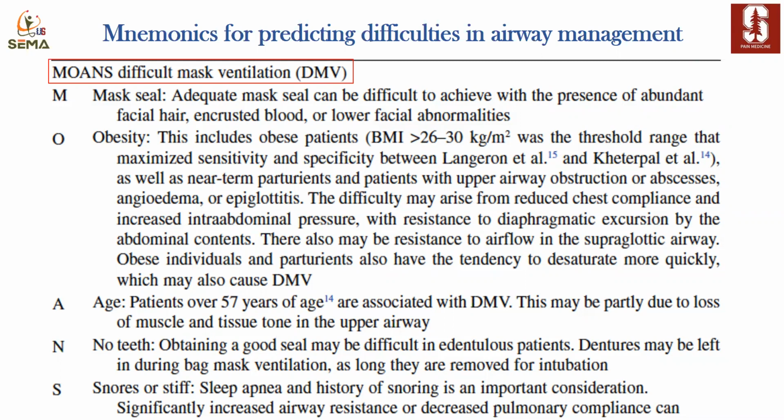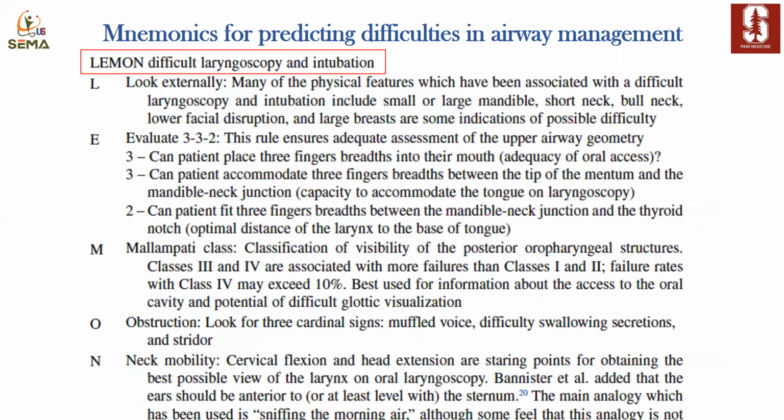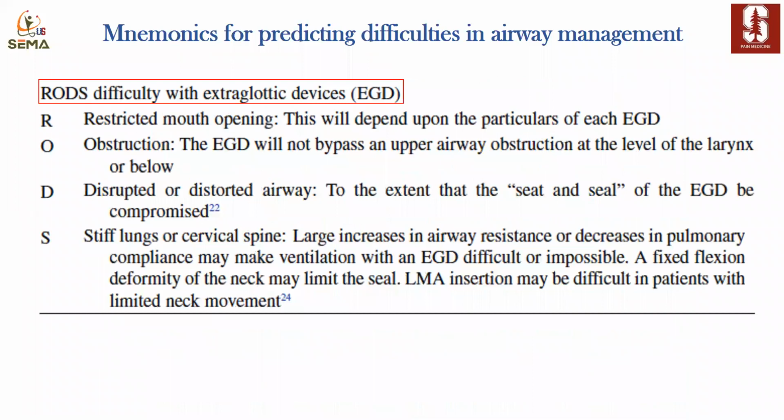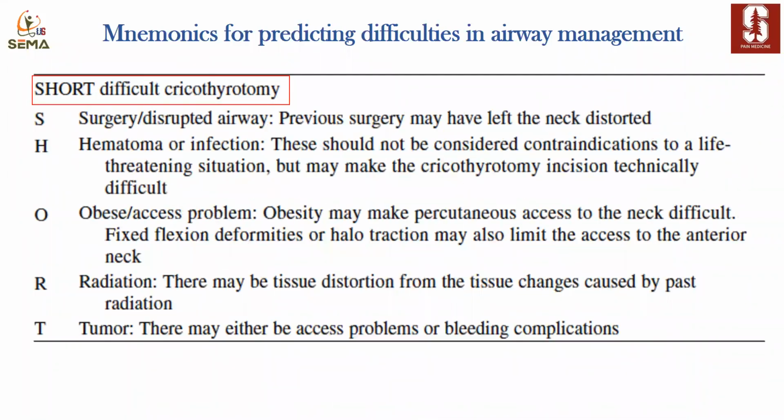For example, MOANS stands for mask seal, obesity, age, no teeth, snores, and this is for difficult mask ventilation. Then here you have LEMON for difficult laryngoscopy and intubation. And then here you have RODS, and then here you have SHORT for cricotomy.